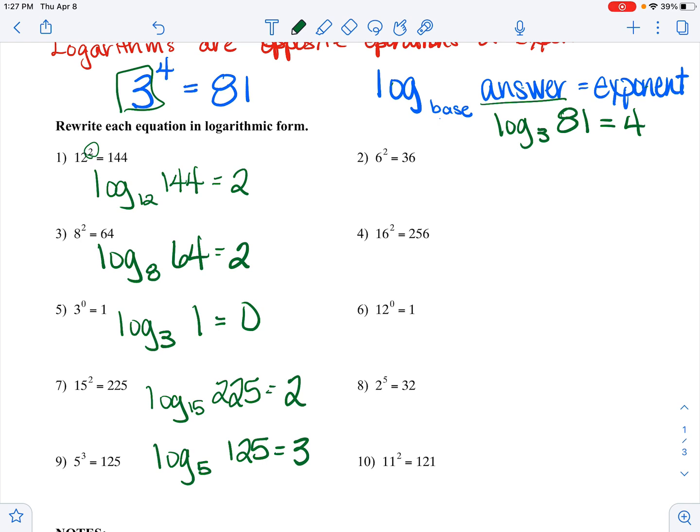So you can see all we're doing is rewriting these exponents in logarithmic form. We look for the base first, and it drops down low. It is called a subscript.